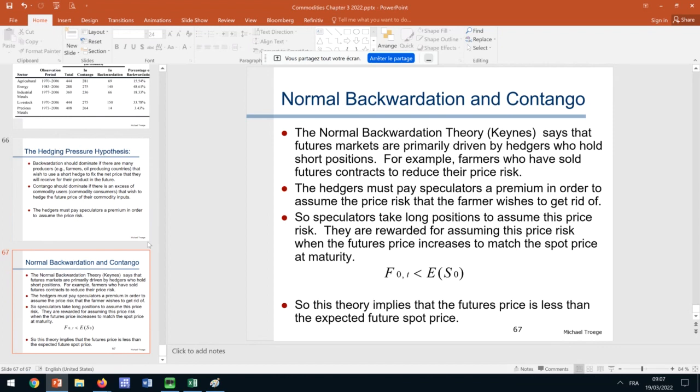Because if prices on average don't change, then the futures prices will be lower than the current prices, because everybody wants to lock in a future price, and they know that this future price is lower than the expected future price, but they will nevertheless accept a lower price.